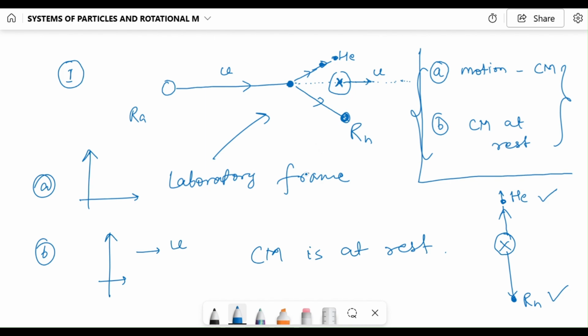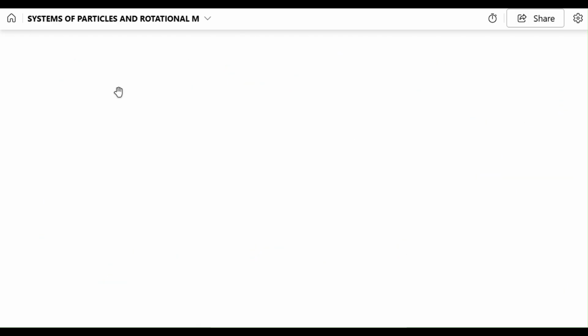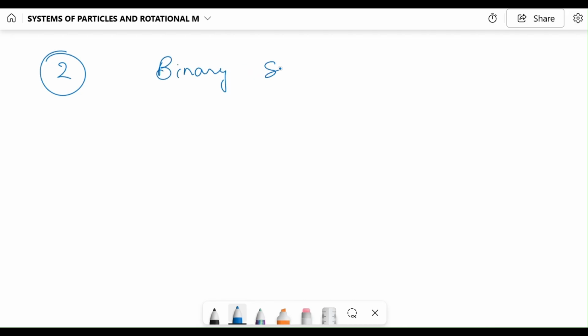And let's take one more example regarding this, and then we will end this discussion for now. So in the second case, we have a binary system of stars, where two stars move about a common center of mass.